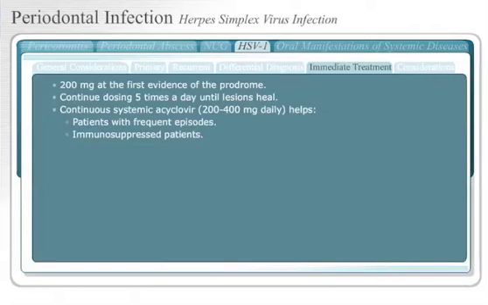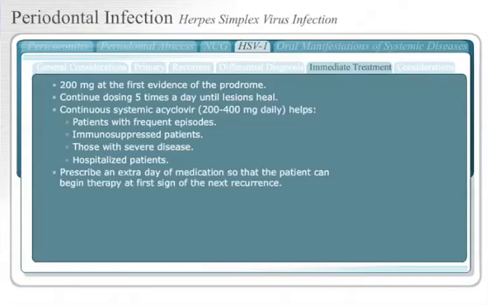In immunosuppressed patients, those with severe disease and those who are hospitalized, the drug is administered intravenously, 5 milligrams per kilogram every 8 hours until lesions resolve. Because the response to acyclovir is optimum if it is taken during the early phases of the prodrome, practitioners should prescribe an extra day's supply of capsules so that the patient has an initial supply of drug on hand to start therapy at the first sign of the next recurrence.